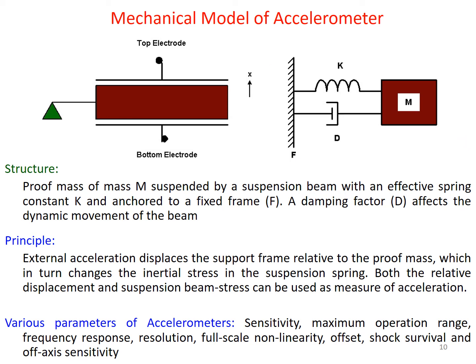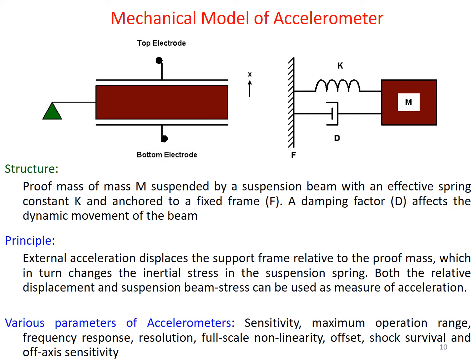Now that particular reference frame you can think of as a complete package, and inside the package we have the actual accelerometer device, and that package we place on a platform which is having some sort of acceleration. Now when the acceleration or force is applied, what will be happening? The reference frame will be moving, and this particular mass spring system is attached to the reference frame, so there will be relative motion between the reference frame and the displacement of this mass, right?